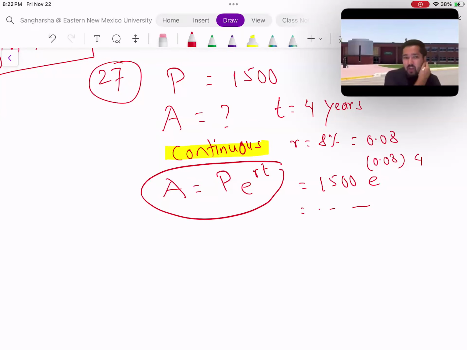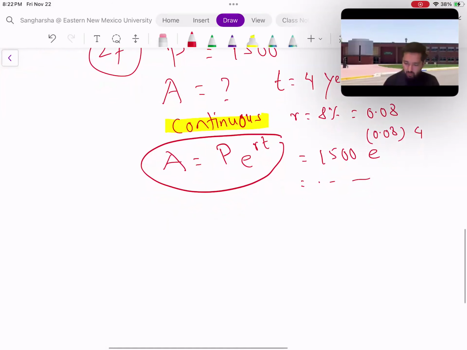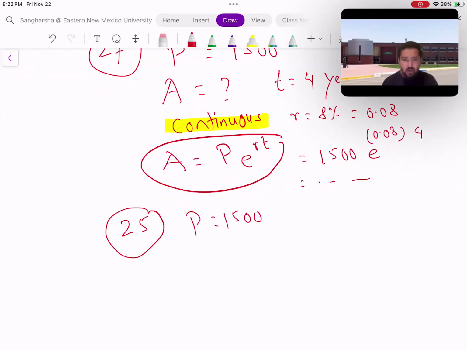Okay, and if there is not continuous compounding, like in 25 and 26, I didn't mark that as a review, but just let me do one, okay, just in case. So we have 25. Principal is the same principal. The deposit is $1,500.